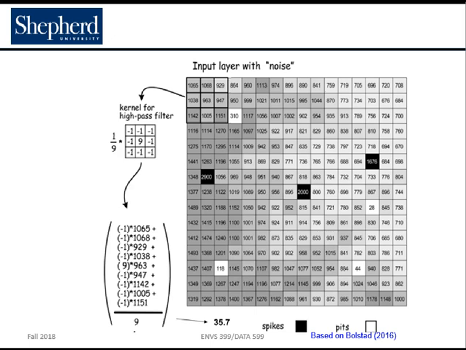A high-pass filter returns small values when smoothly changing values, large positive values when centered on a spike, and large negative values when centered on a pit.